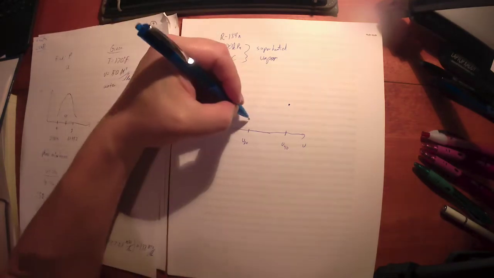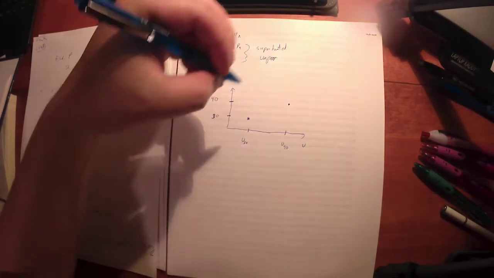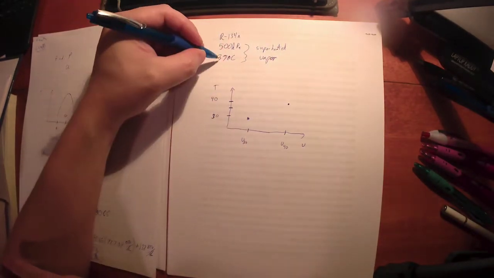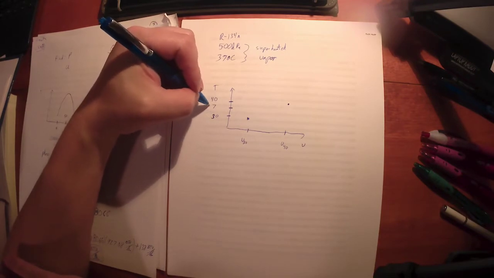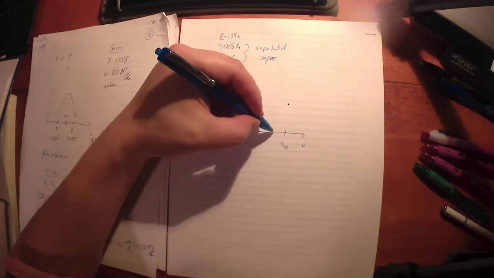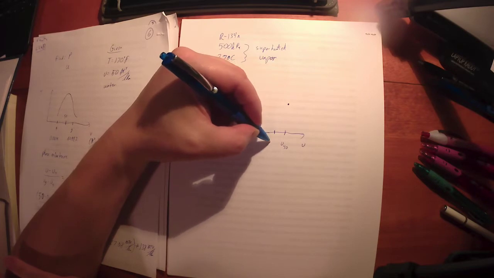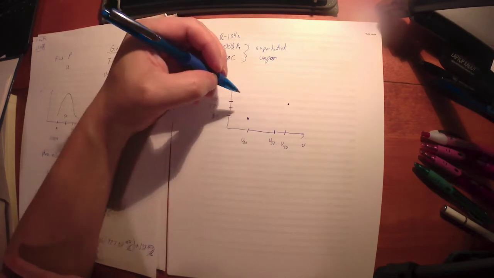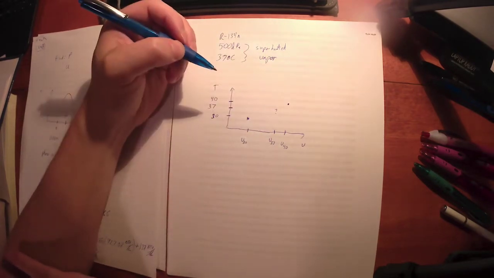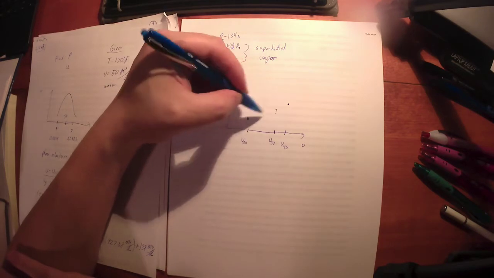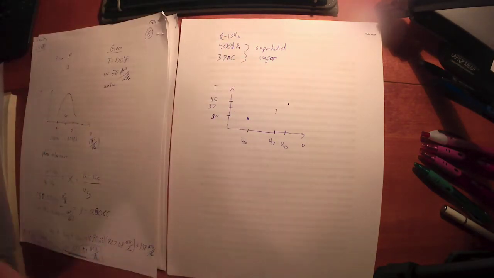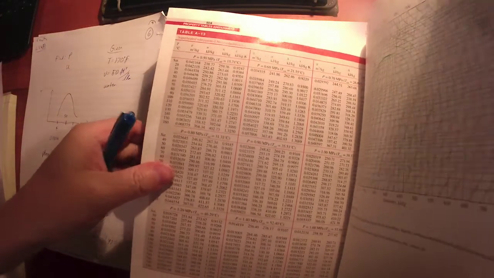So again, we've established I need, at 37 degrees C, to know the specific volume. Well, we don't know what this curve looks like. All I know is I've got these data points.